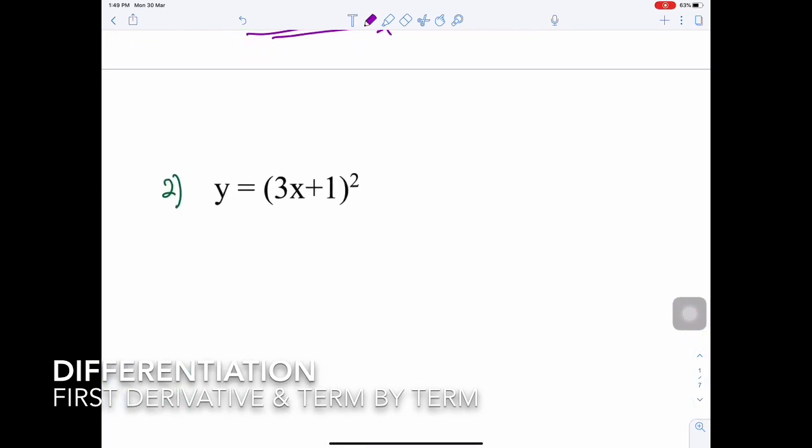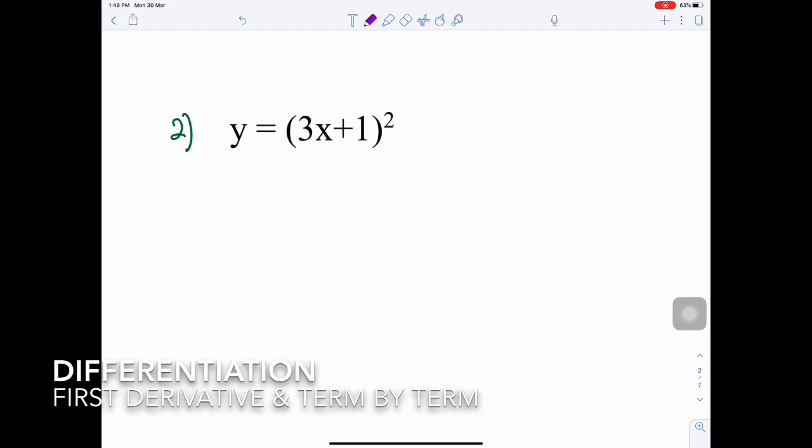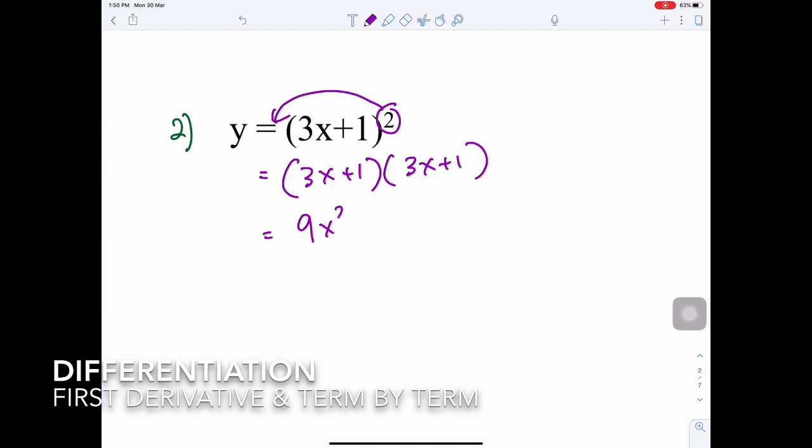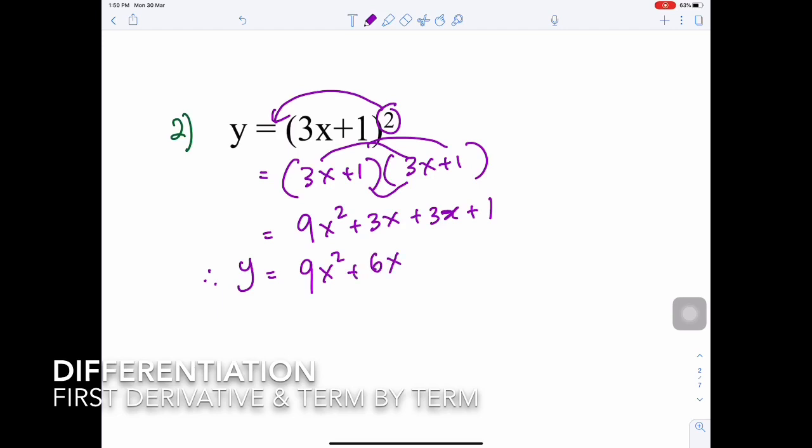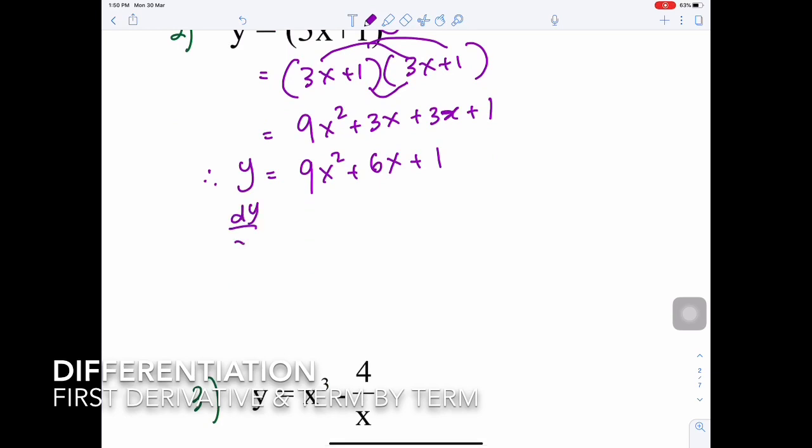Alright, for example 2, it looks like this. You cannot simply differentiate straight away, so you must expand first. So equals 3x plus 1 times 3x plus 1, which becomes 9x squared plus 3x plus 3x plus 1. Therefore, y equals 9x squared plus 6x plus 1. And differentiate as usual.